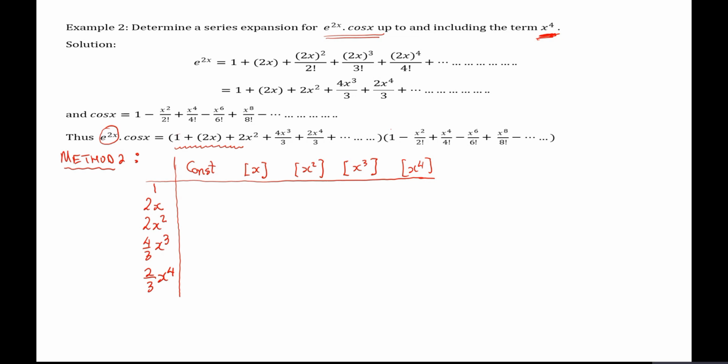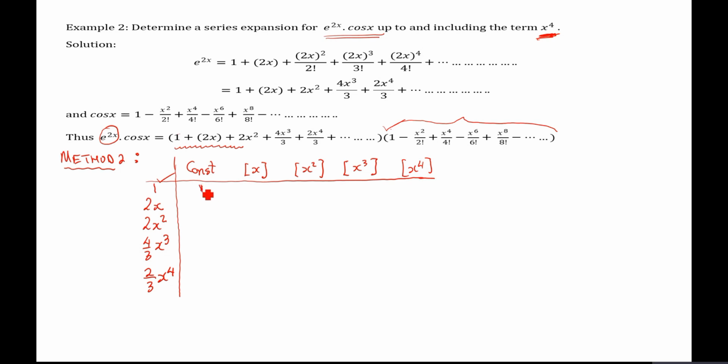So how is this useful? Well, all you have to do is take the first term, 1, and multiply it into the corresponding other series. So multiply 1 times 1. The answer is 1. That is a constant. Put it under the constant term there.